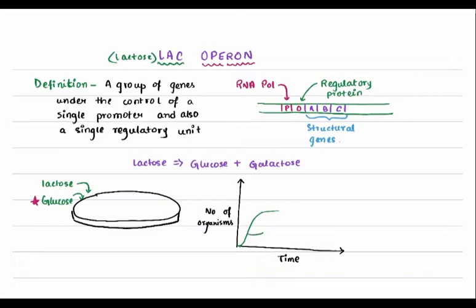So this curve would denote the growth which is done through utilizing glucose.